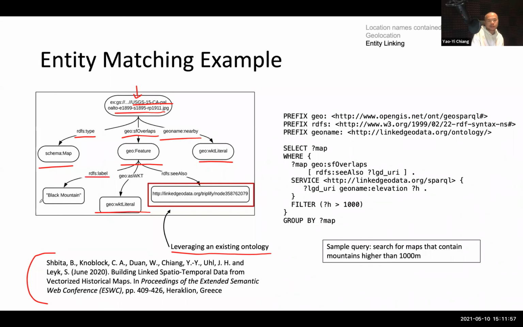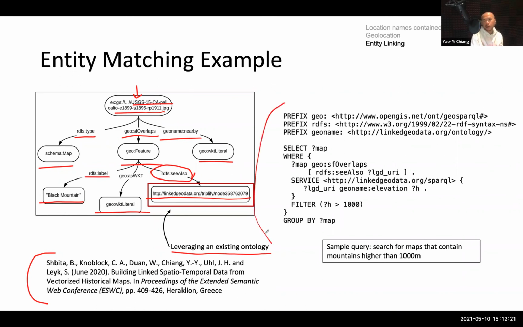This label is Black Mountain. And what's really nice is it has a link, so if you want to know more about this feature, you can see this link. This link, at Linked Geodata, gives you all kinds of attributes about Black Mountain. So what this can do is enable this type of queries.